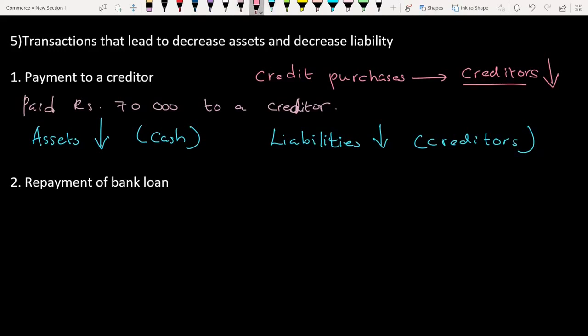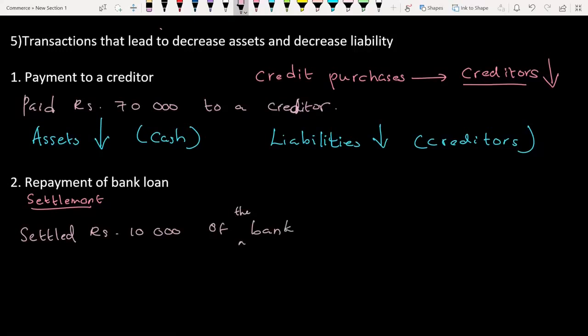Then another possible transaction is repayment of a bank loan. This means settlement of a bank loan. Let's say the business settled rupees 10,000 of the bank loan. Now what happens?